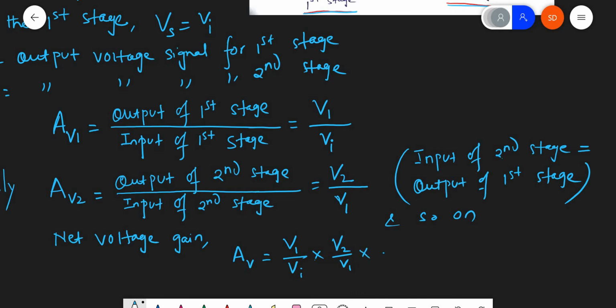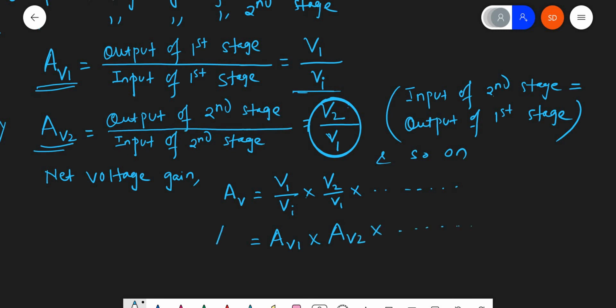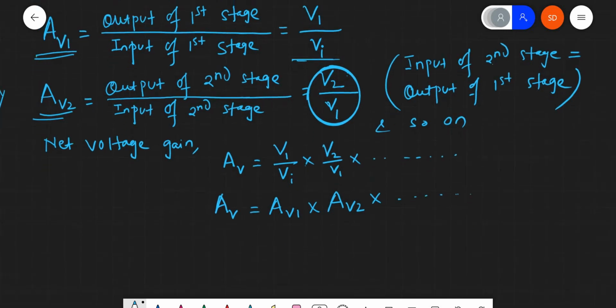What is V1 by Vi? V1 by Vi is AV1. What is V2 by V1? V2 by V1 is AV2. So this is the net voltage gain for the multi-stage amplifier.